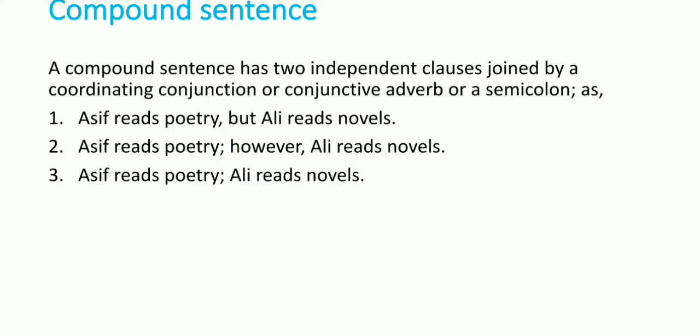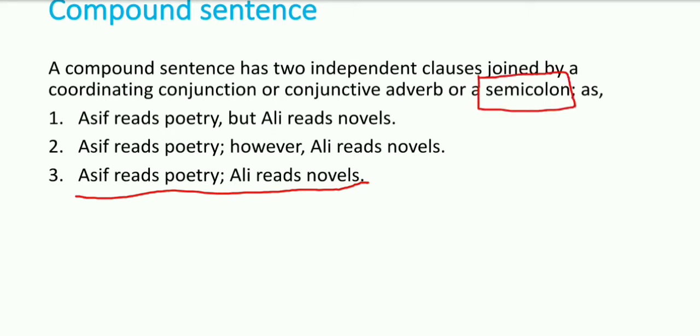Next example: "Asif reads poetry; Ali reads novels." This may also be called a compound sentence, because in the definition we said that two independent clauses can also be joined by a semicolon. So when a semicolon joins two clauses, not sentences, it may be called a compound sentence.